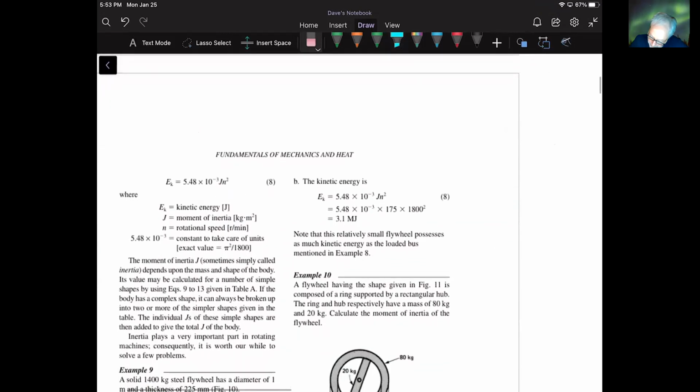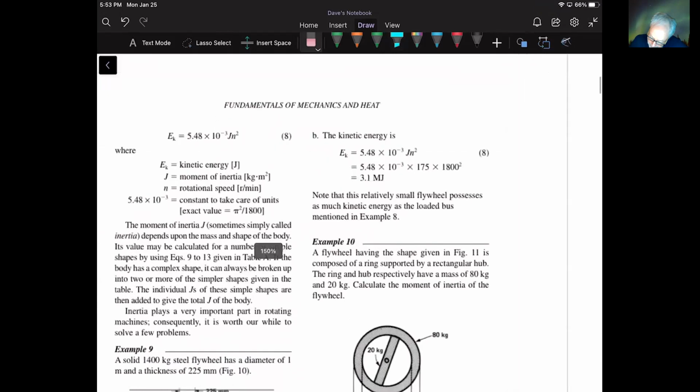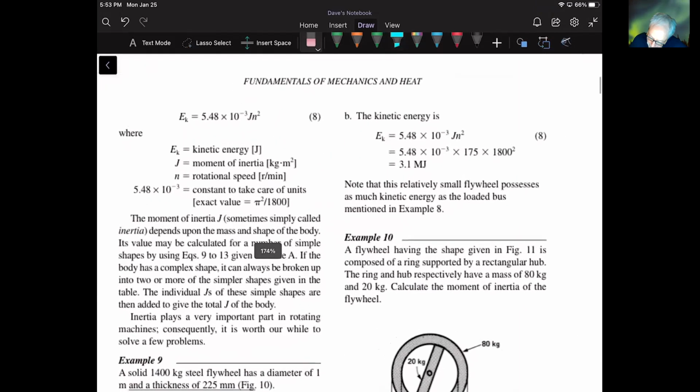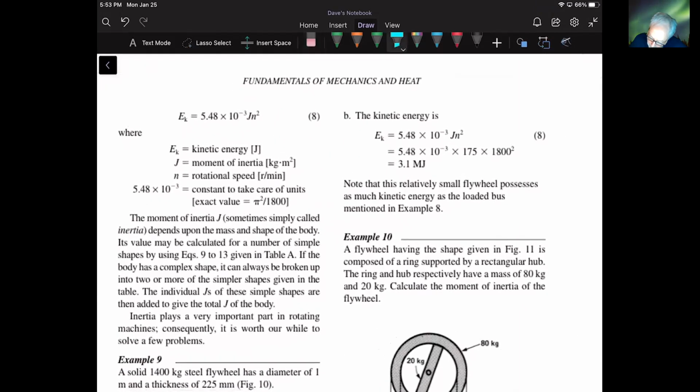And so our particular equation relates to kinetic energy of rotation. It is this equation, number 8, where this is kinetic energy in joules, and the J is the moment of inertia. This is always given to us. We don't have to calculate that. This is not a physics class. This is the rotational speed, and this is a constant that is exactly equal to pi squared divided by 1800.